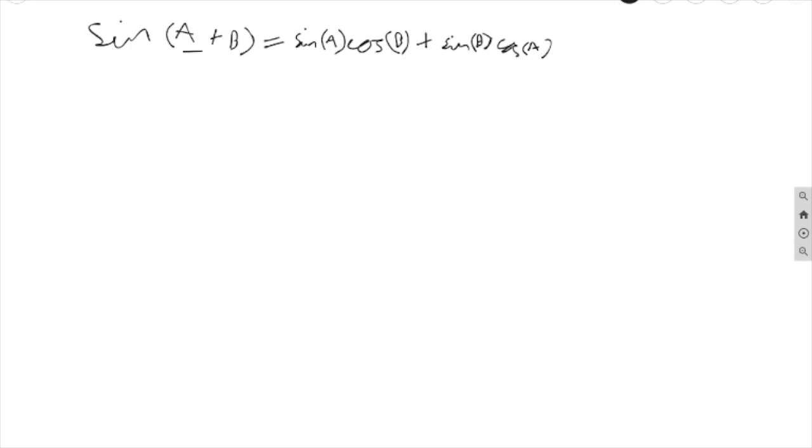So, sine of A plus B gets a sine A and a sine B, and a cos B and a cos A. That's just a definition that you may just need to know by rote, just as a definition by itself.